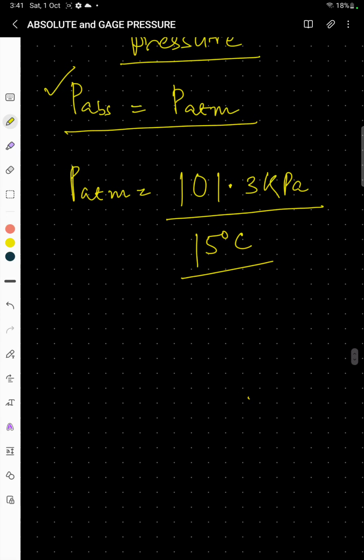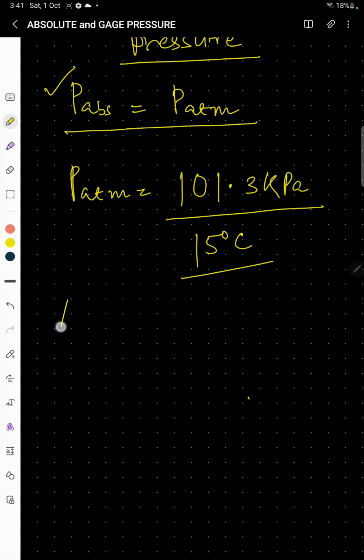Now the second thing is done. Because you have taken the reference as the atmospheric pressure, any pressure you measure above or below the atmospheric pressure will be called gauge pressure.